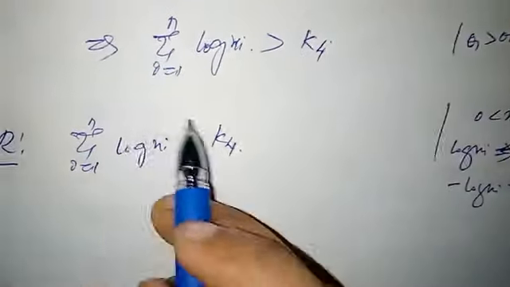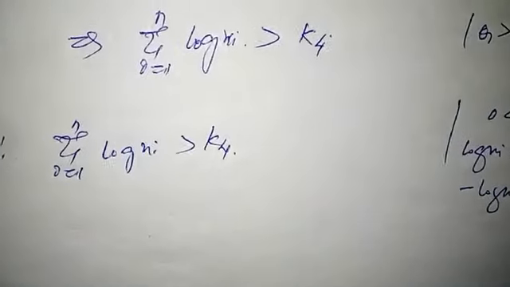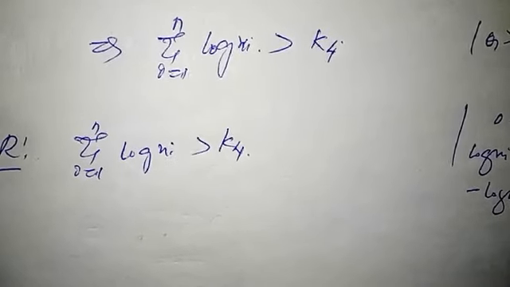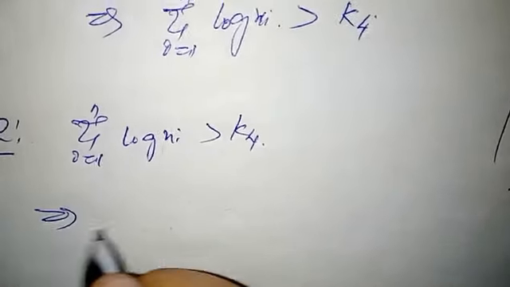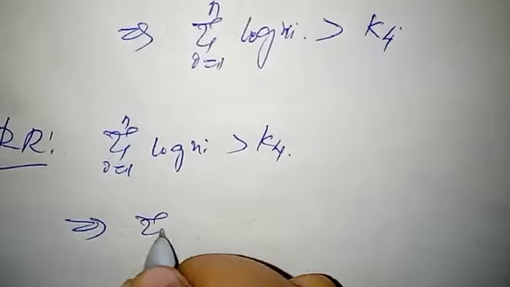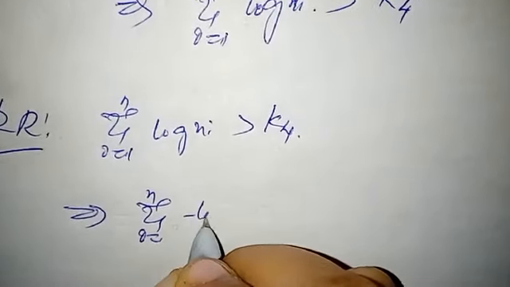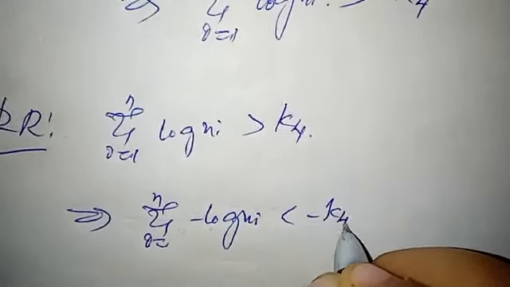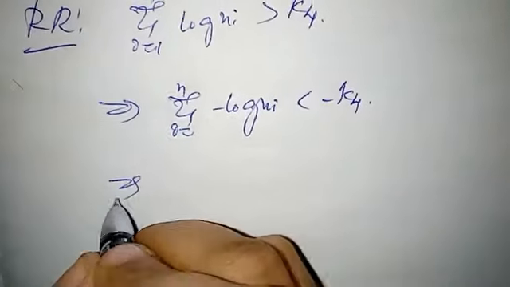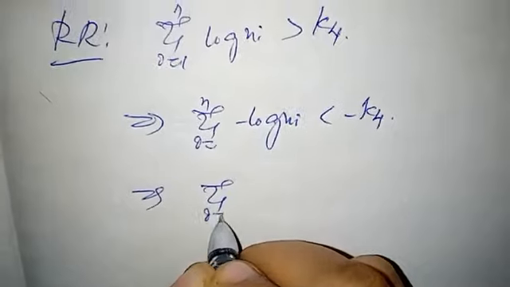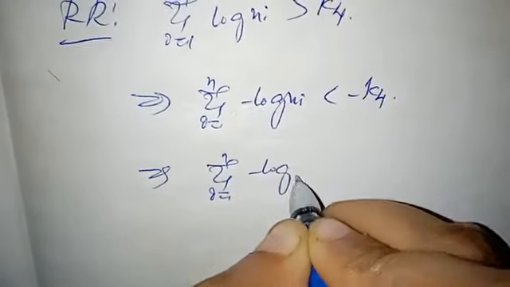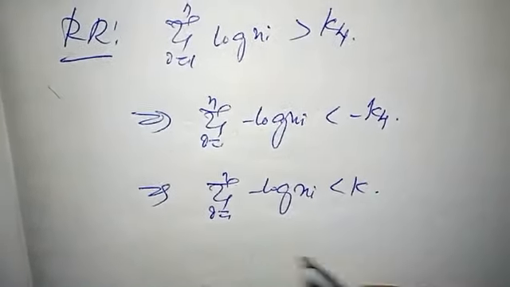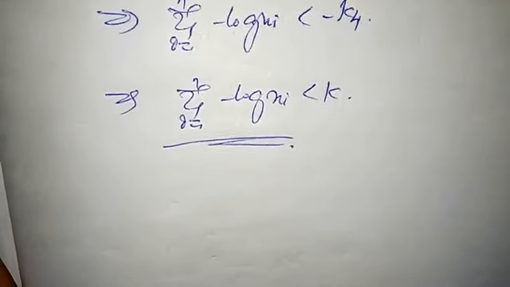We want to make this a positive function, for that, summation i = 1 to n of minus log xi is less than minus k4, which implies summation of minus log xi is less than k. This is the rejection region.